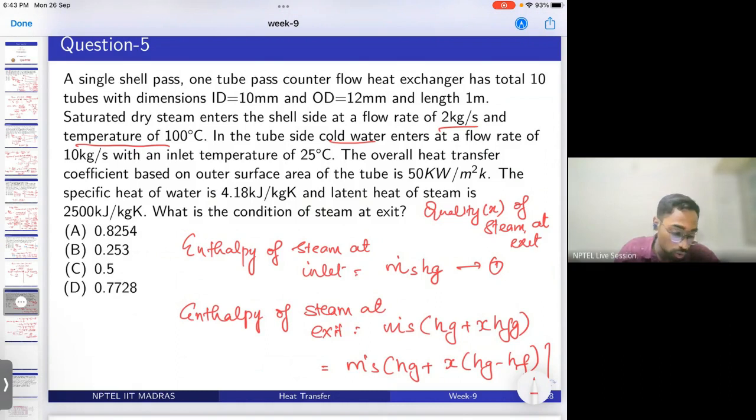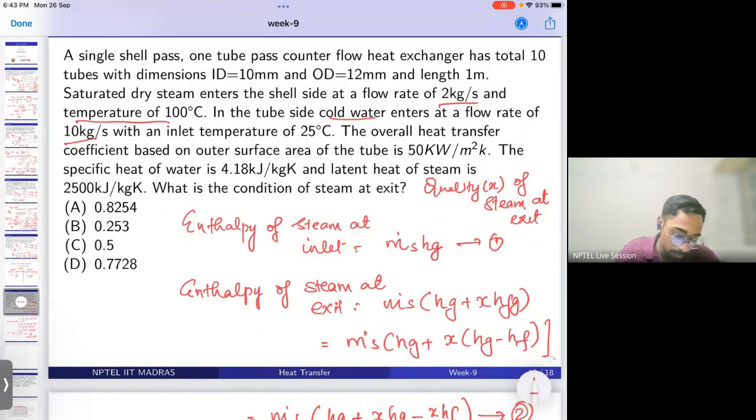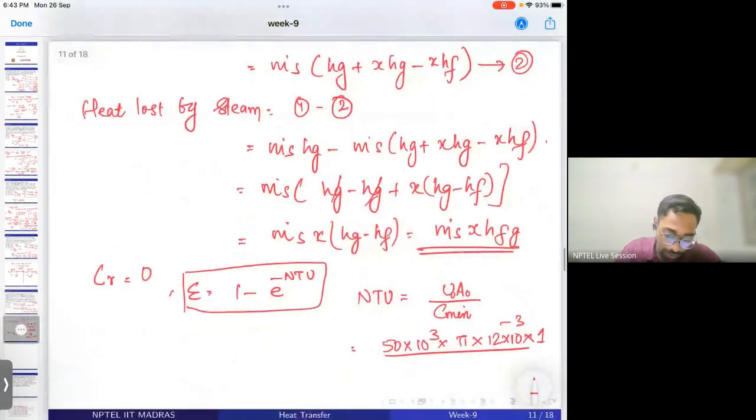There are 10 tubes, so 10 kilogram per second is the total mass flow rate, and we have to divide this by 10 for a single tube. Or you can multiply the area by 10, because here I calculated the area of a single tube. Either you multiply this by 10, or divide the mass flow rate by 10, both are the same.